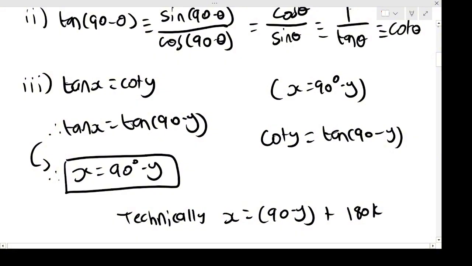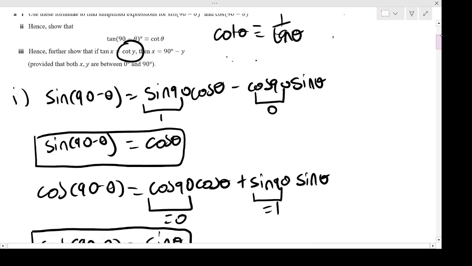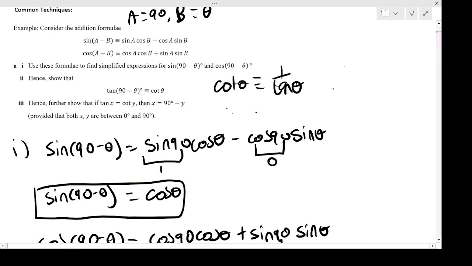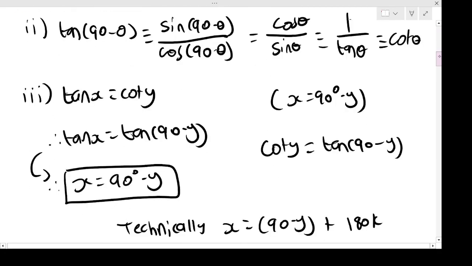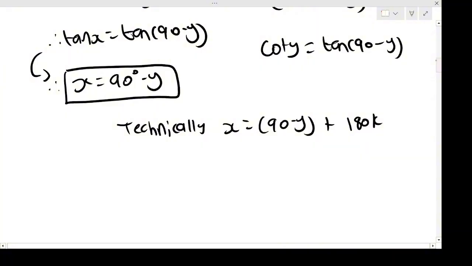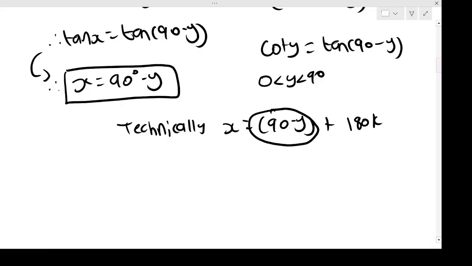But what we're also told is that both angles x and y are between 0 and 90. So if y is between 0 and 90, then 90 take away y is also between 0 and 90.